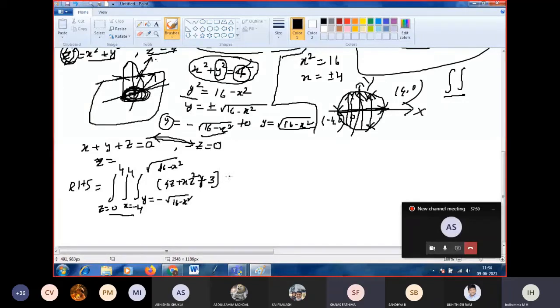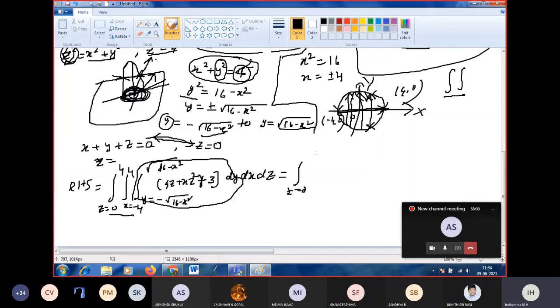dy dx dz, according to the order of the integrals we have to take. Now first we have to integrate with respect to y, then we have to put the limit. Okay, now integrate, which is equal to integral z from 0 to 4 as it is, x from -4 to 4 also as it is. So now we have to integrate with respect to y. So with respect to y, all the terms are what?